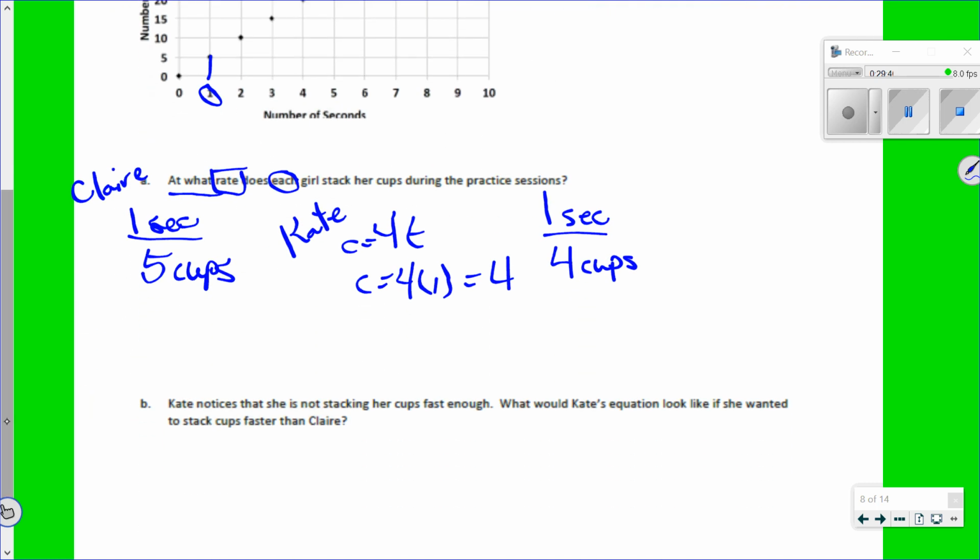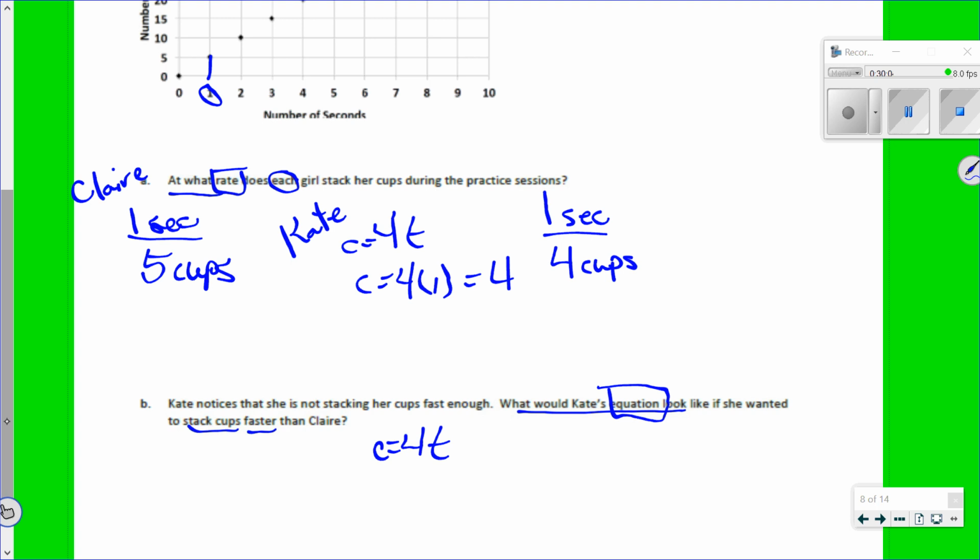Kate notices she is not stacking her cups fast enough. What would Kate's equation look like if she wanted to stack cups faster than Claire? So there's our question. So how could I change her equation? Right now, it's c equals 4t. How could I change that to make her faster than Claire? Devin?